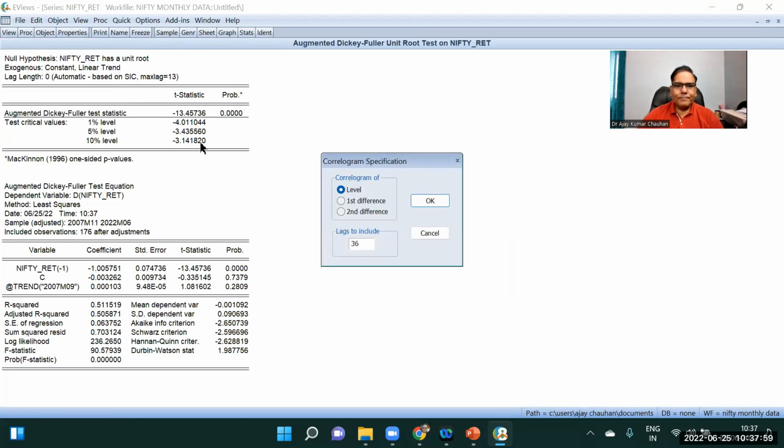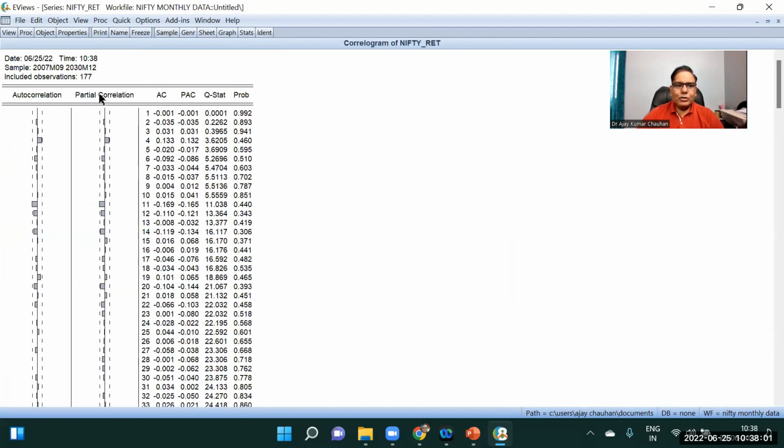In the correlogram, the series looks very different. The ideal series comes very clear, and the practical series comes very different. Only the fourth spike is found to be significant, nothing else. It is an indication that you can go up to the fourth level.